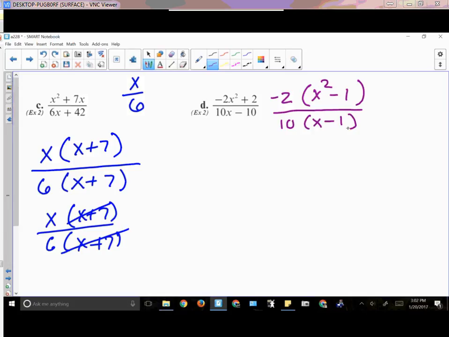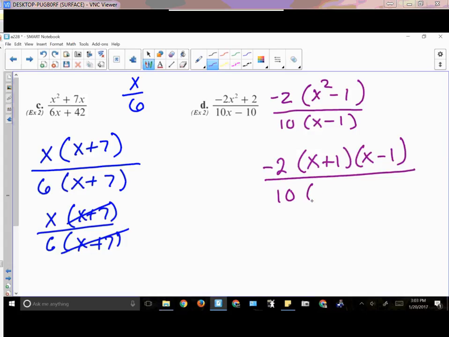I can't cancel yet, because that numerator is a difference of 2 squares, and yes, you take the square root of 1 and you get 1. So this is going to factor out one more time as negative 2, x plus 1, x minus 1. Remember, difference of squares. And I get a 10, and I've got an x minus 1.